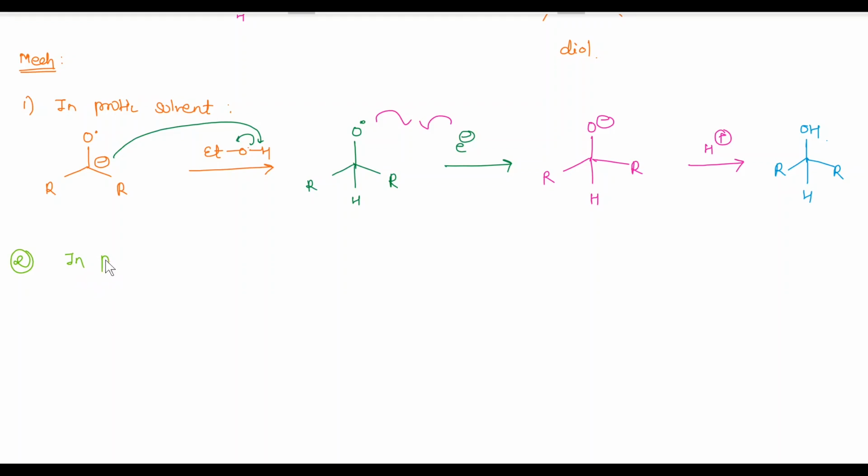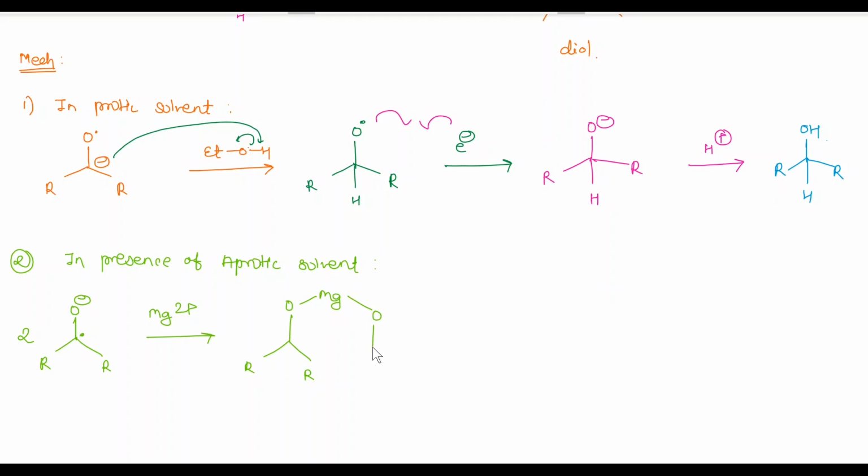Next, in presence of a protic solvent. In a protic solvent, the ketyl radical anion in presence of Mg2 plus, here two molecules, we get here oxygen, Mg, here oxygen, here R and here radicals.